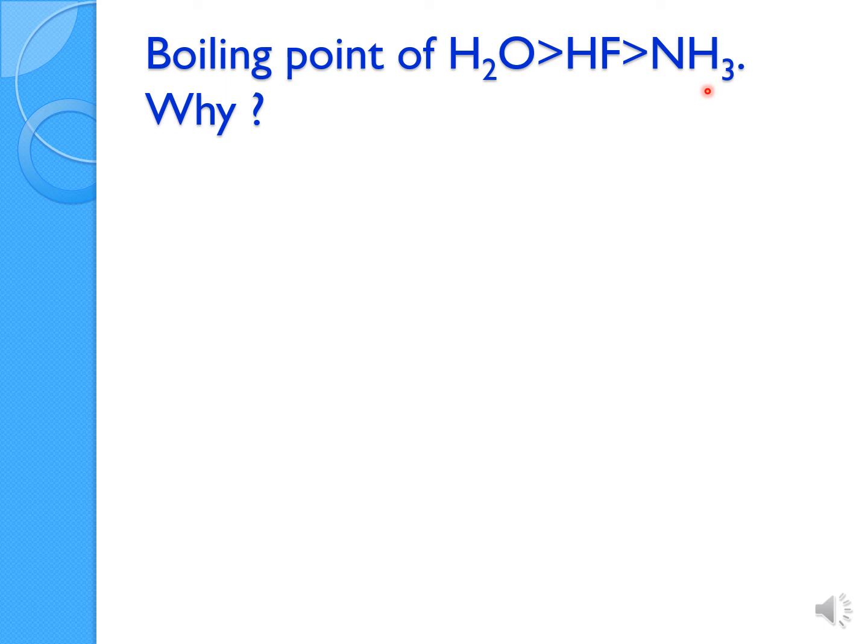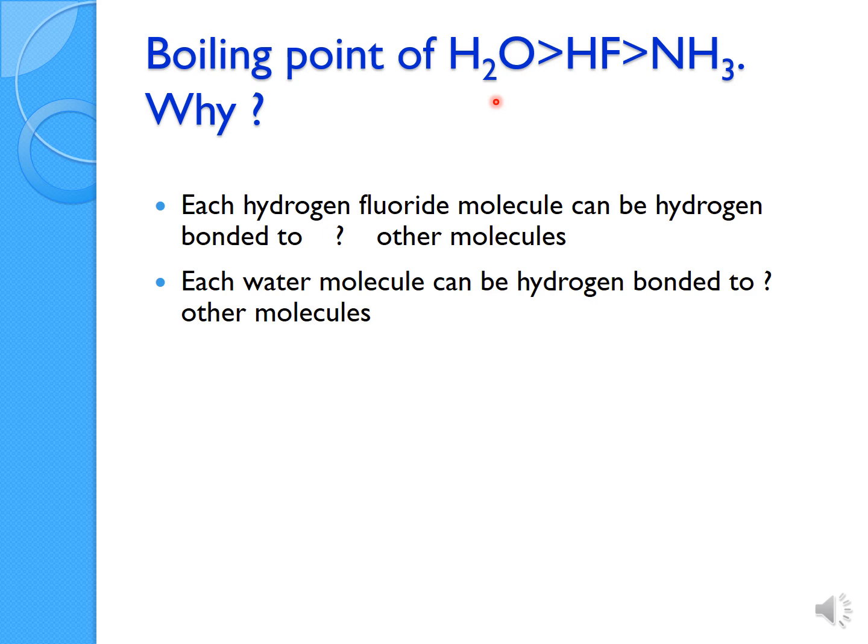Why is the boiling point of water greater than the boiling point of hydrogen fluoride, even though fluorine is more electronegative than oxygen? This is because in hydrogen fluoride, each molecule is hydrogen bonded to two other molecules, whereas in water, each molecule can be hydrogen bonded to four other molecules.